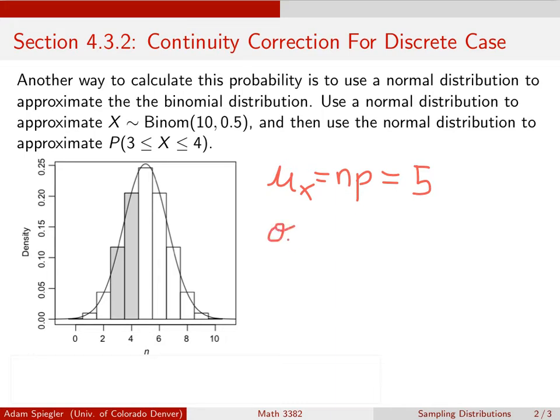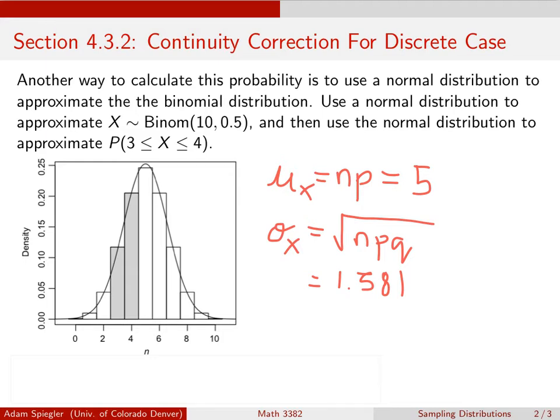And we can calculate the standard deviation of x using the shortcut that the variance is equal to n times p times q. If we calculate that, it winds up being 1.581. So here we're using n is 10, p is 0.5, and q, the probability of a failure, is also 0.5.